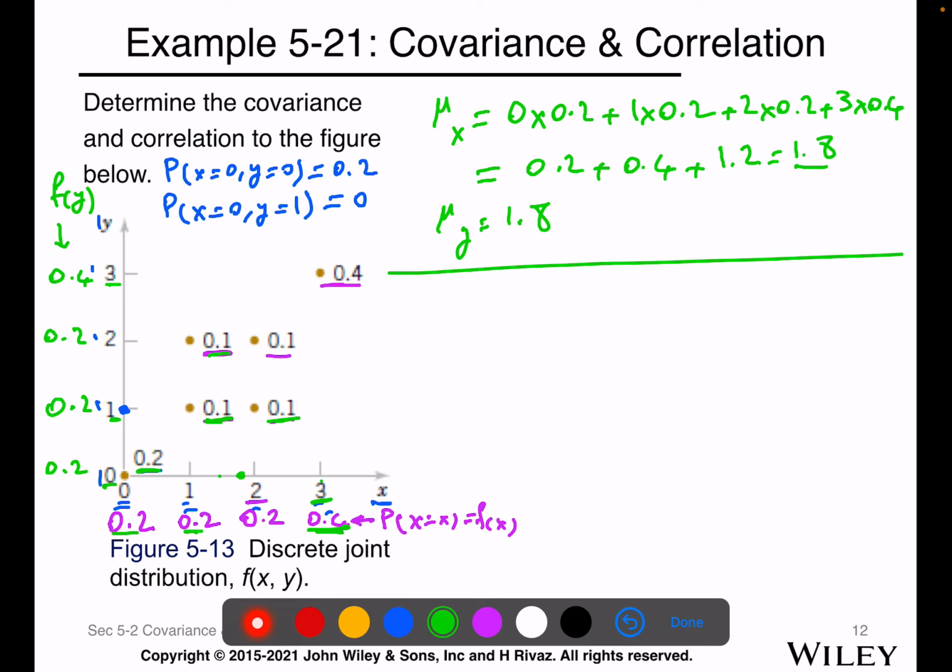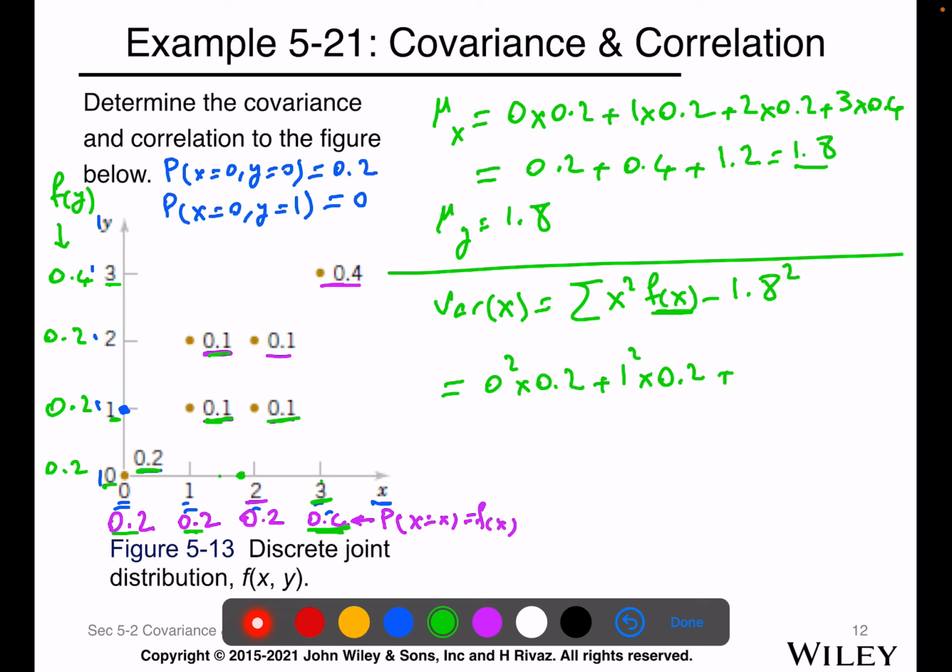Now, to calculate the variance, for example, variance of x is going to be sigma x squared f of x minus 1.8 to the power 2, right? So this is easy to compute because I have f, right? So it's going to be 0 to the power 2 times 0.2 plus 1 to the power 2 times 0.2 plus 2 to the power 2 times 0.2 plus 3 to the power 2 times 0.4, right?